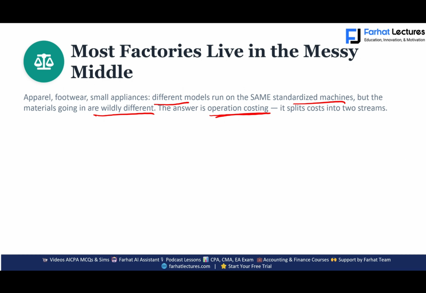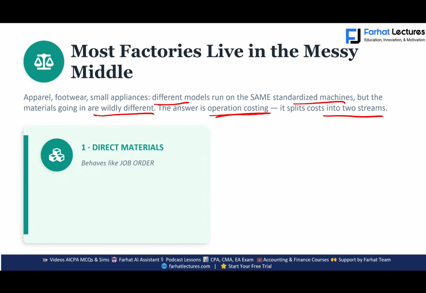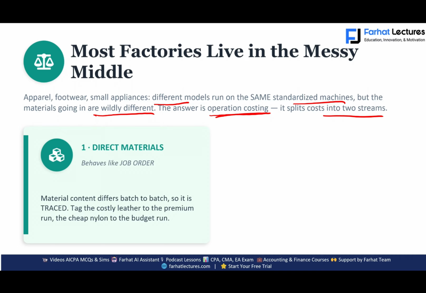What does that mean? It means for some costs, you use process costing. For the others, you trace them, job order costing. You split the cost into 2 streams. Direct material behaves like a job order. Material content differs batch to batch, so it's traced directly. You tag the costly leather to the premium run, and you tag the cheap nylon to the budget run.